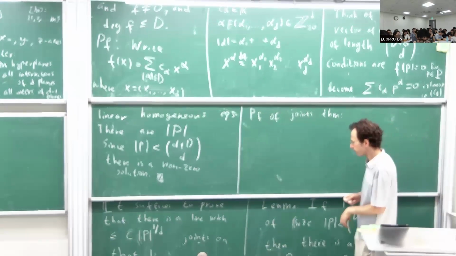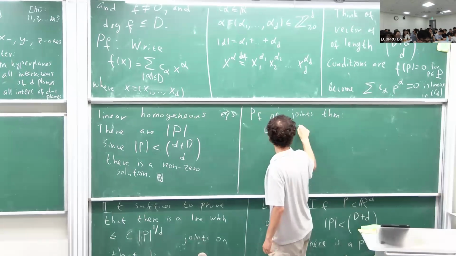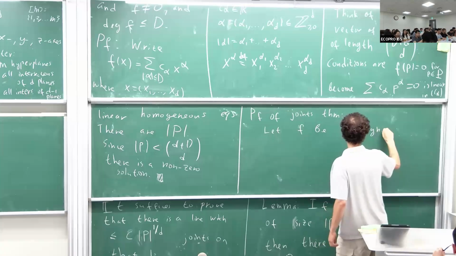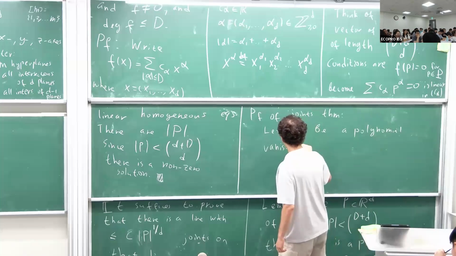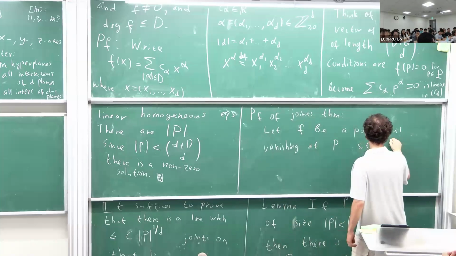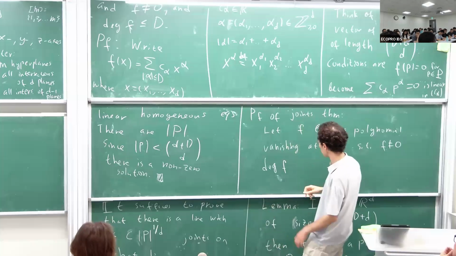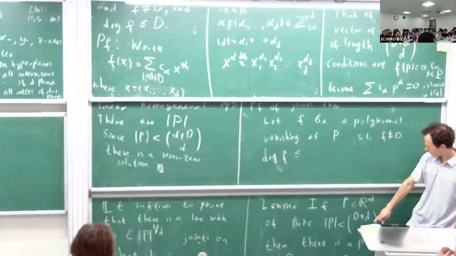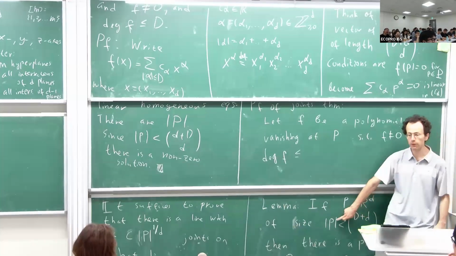Let F be a non-zero polynomial vanishing at P. We know the degree of F we can take to be such that this expression is bigger than the number of points.